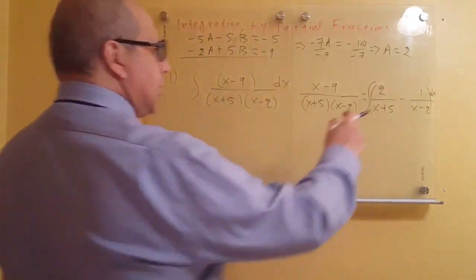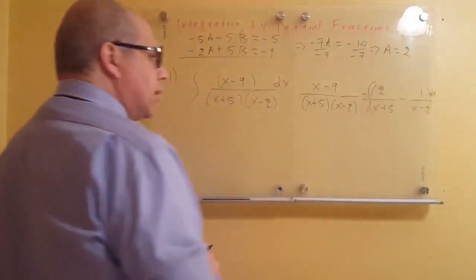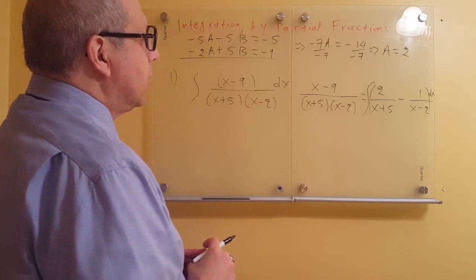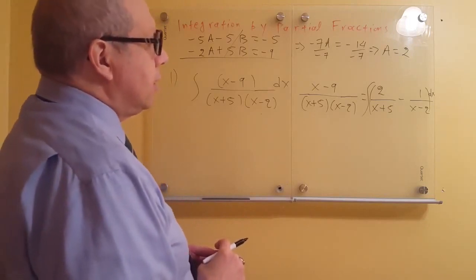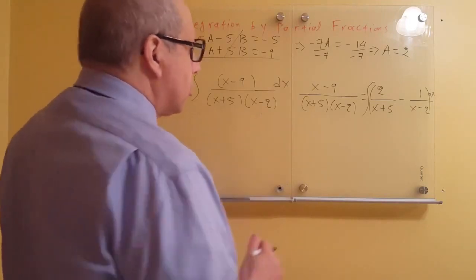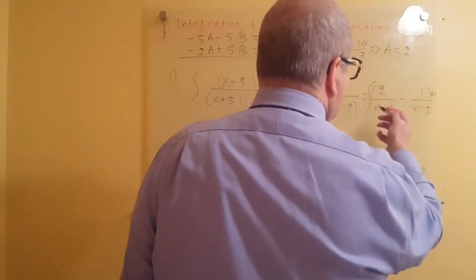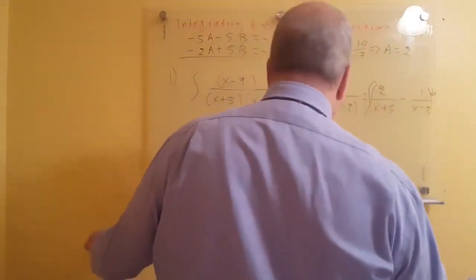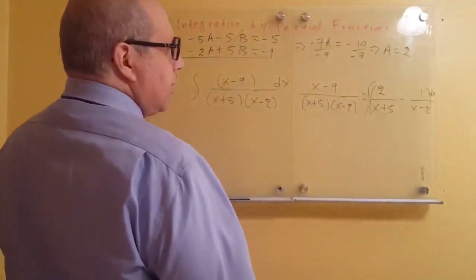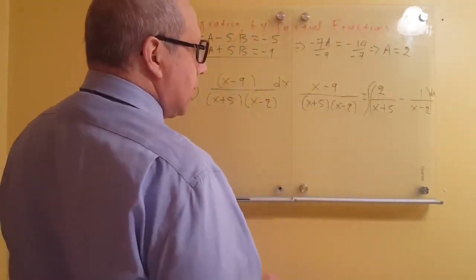And so that means that we have to break this into two integrals. Either you can do it by substitution or it's easy to remember, so usually we do it directly.